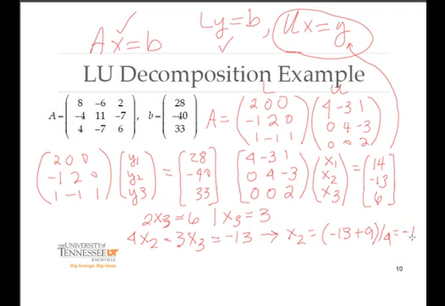So we're almost done. Now let's do the inner product of the very first row with the column vector x. You'll have 4 times x1 minus 3 times x2 plus x3 has to be equal to 14.